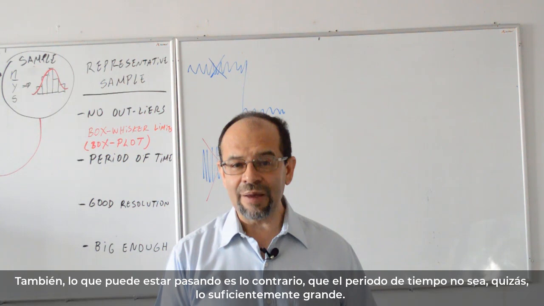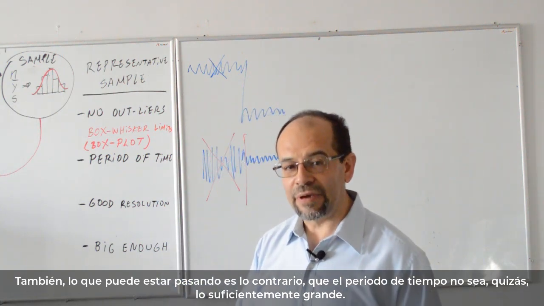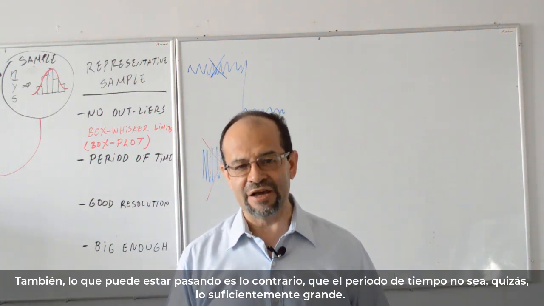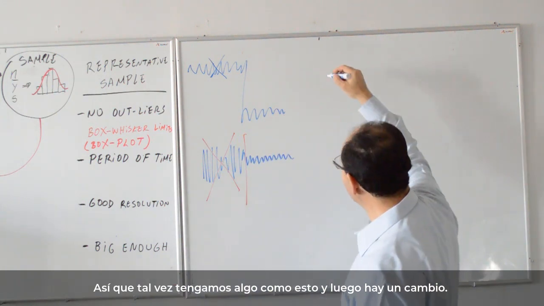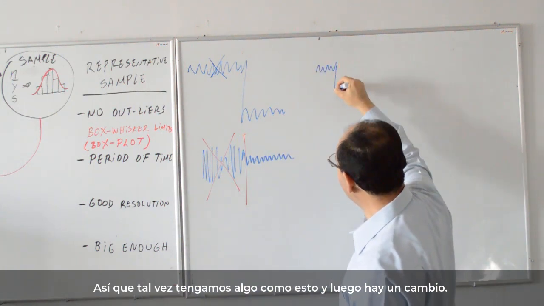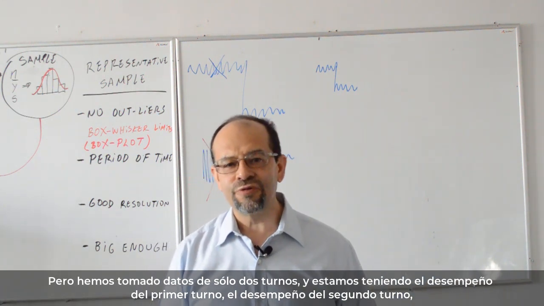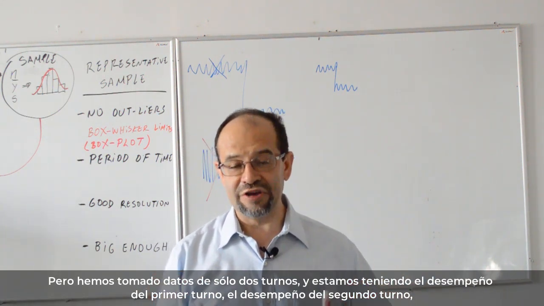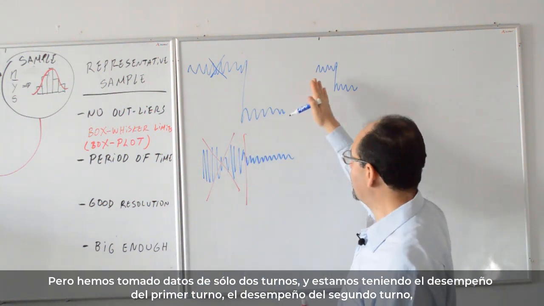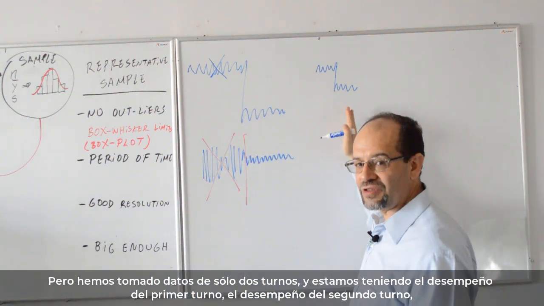Also, what can happen is the other way around, that the period of time is maybe not big enough. So perhaps we are having something like here, and now we are having something like here. But we have taken data of two shifts, the performance of the first shift and the performance of the second shift.